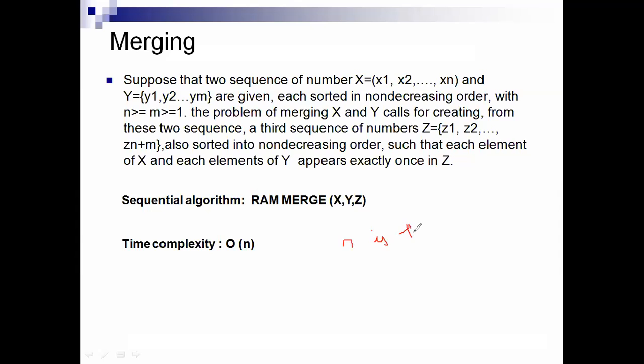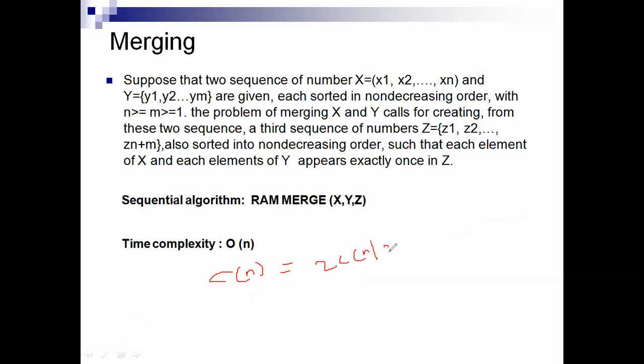If n is a power of 2, then the recurrence relation, by using the Master's theorem, is C of n equal to 2 into C of n by 2.